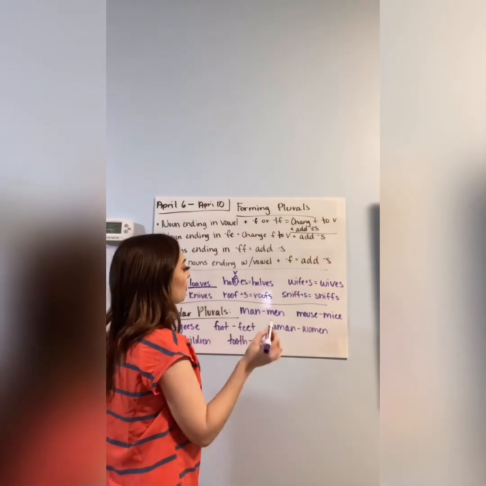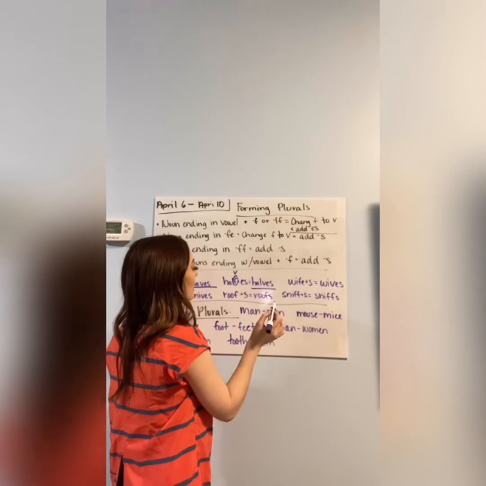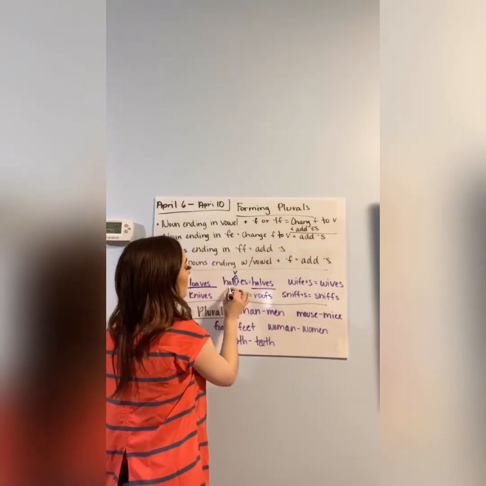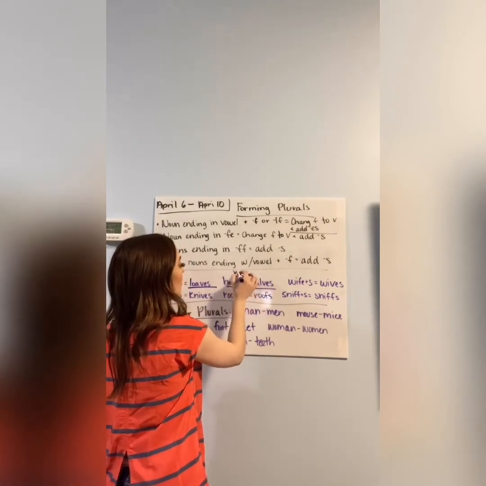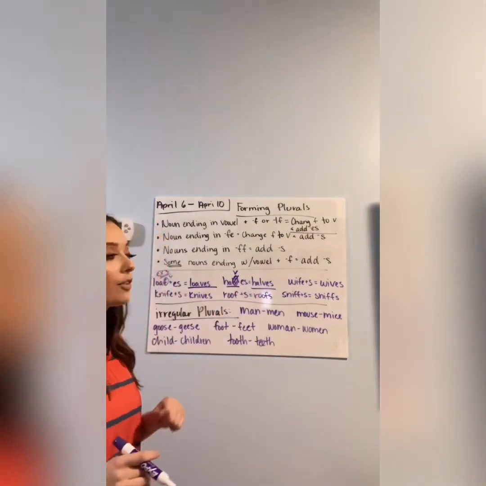So then our word would become halves, H-A-L-V-E-S. Because remember, our word ended with a vowel, A, plus L and F. So we had to change that F to a V and add an ES to make our word half plural.